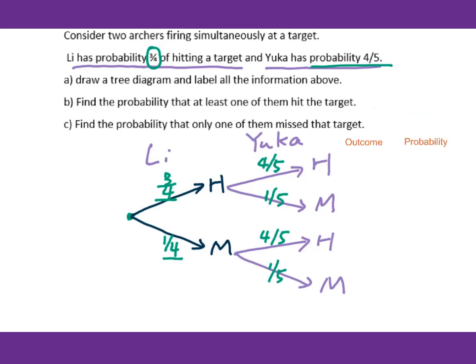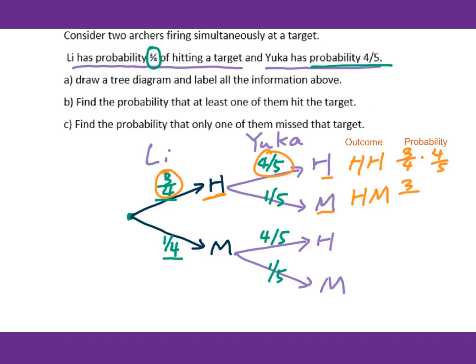After you complete this tree diagram, you will get the outcomes. From the very beginning, go to this line, go to the H, then go to H. Outcome is HH. Probability will be 3/4 times 4/5. Then here's H, then this is M, HM, which means Lee hit the target while Yuka missed the target.